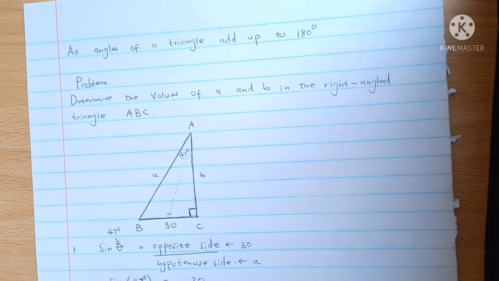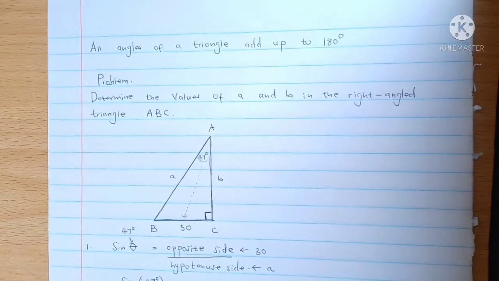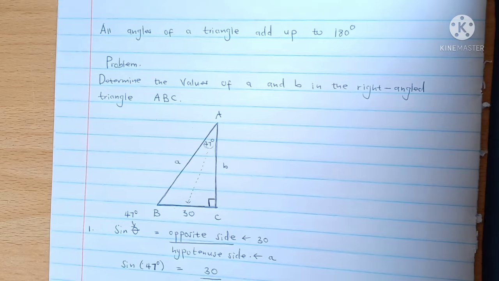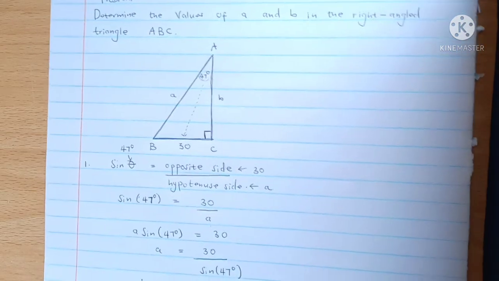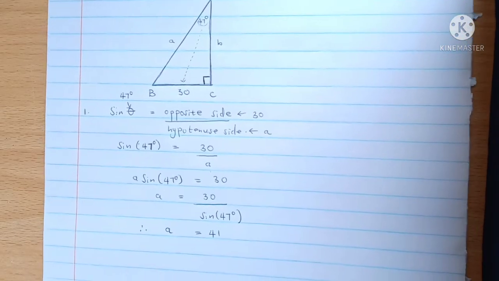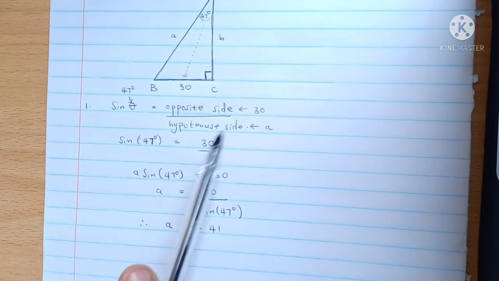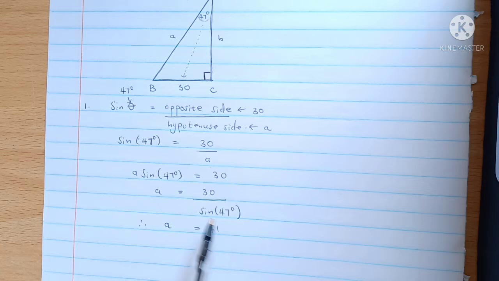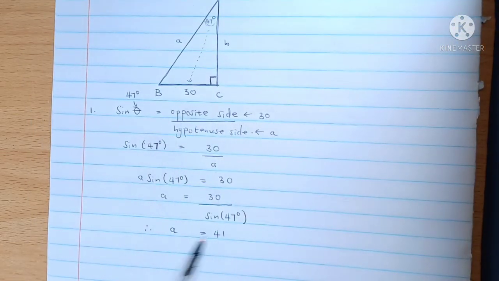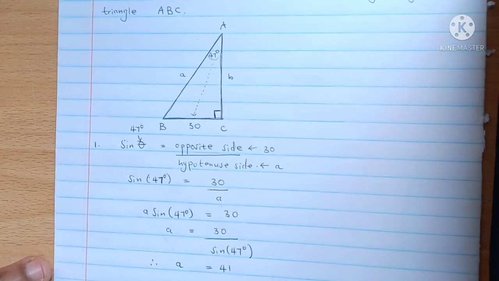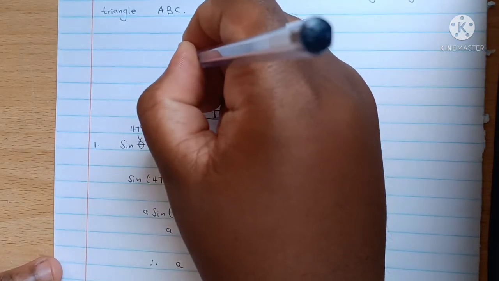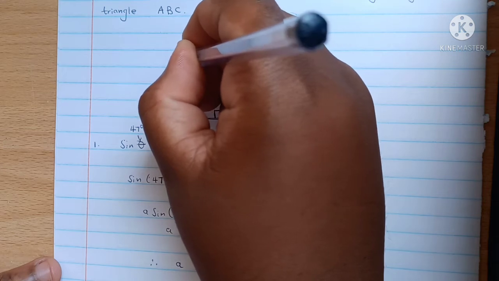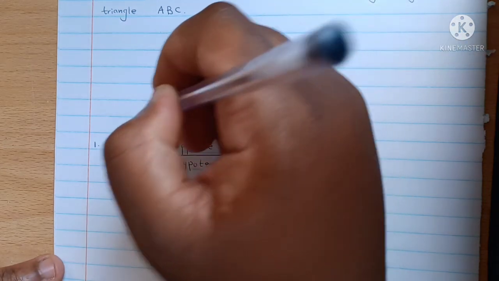Therefore, A is equals to 41. Do you all see that? Oh, sorry guys. Yeah, you all see that. So once you have the hypotenuse side, then opposite is 30, then A will be 41. Therefore, A is equals to 41.